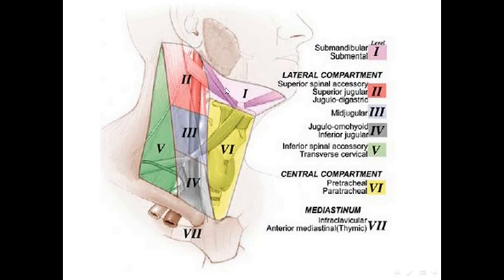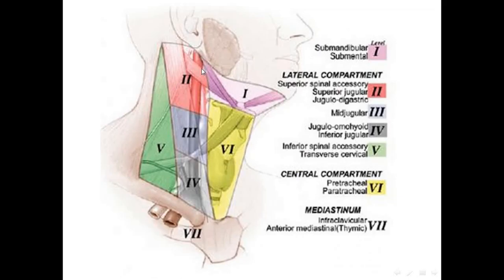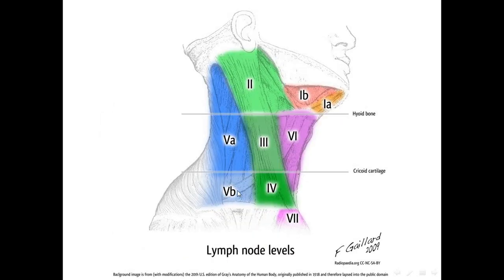Level 1 is for the submental and submandibular lymph node groups, but then they are divided into 1A for submental and 1B for the submandibular. Level 2 is for superior jugular lymph node groups, and then 3 for the mid-jugular lymph node group, 4 for inferior jugular, and 5 for transverse cervical and inferior spinal accessory lymph node group, and then 5 is divided into 5A and 5B by the cricoid cartilage.